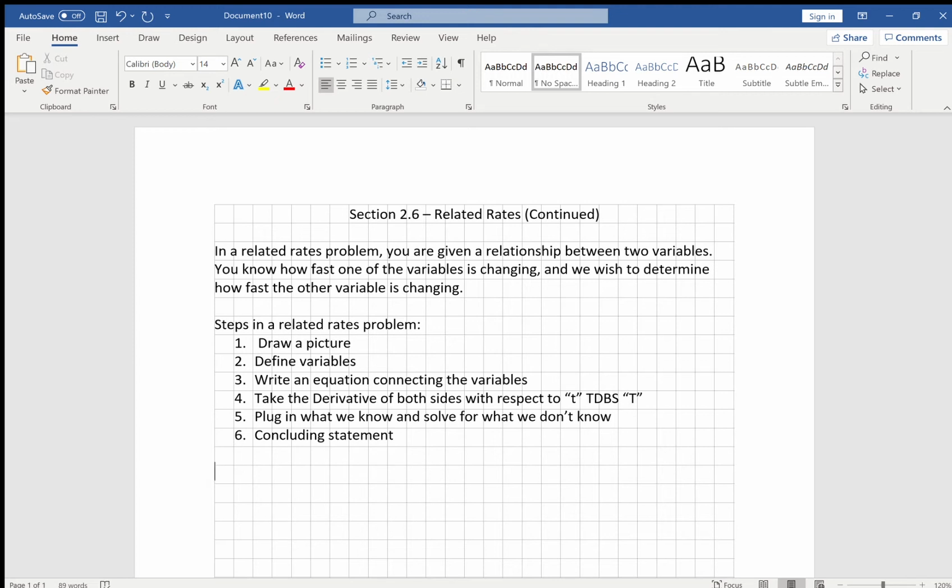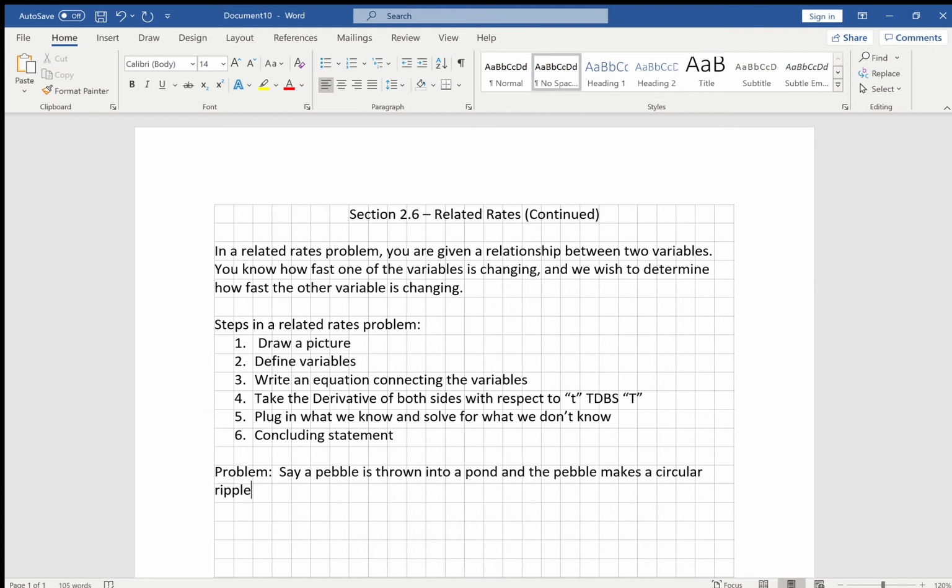So these are all the steps in a related rates problem, and we did a related rates problem last time. I'd like to do another one with you today. What we're going to do is take a pebble and throw it into a pond. That pebble makes a circular expanding ripple.